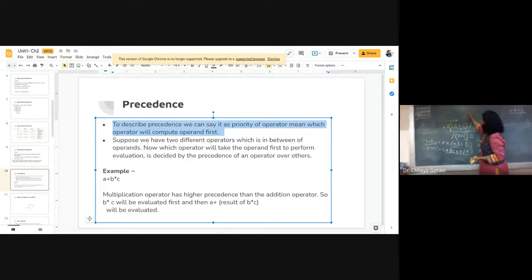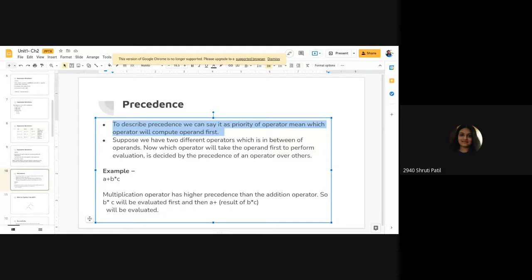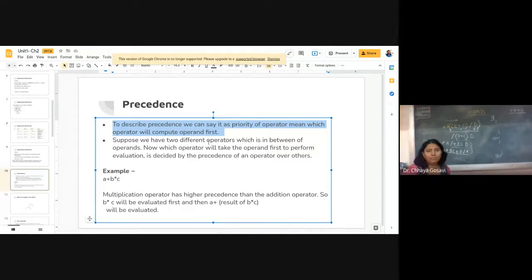You have heard about BODMAS rule? Yes, ma'am. So similarly, in programming languages also, every operator has its own priority, and depending upon priority, operations are carried out. Suppose we have two different operators in between operands. Now, which operator will take the operand first and perform evaluation is decided by precedence of operator over others.